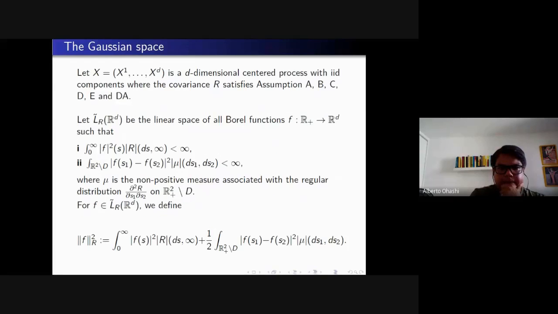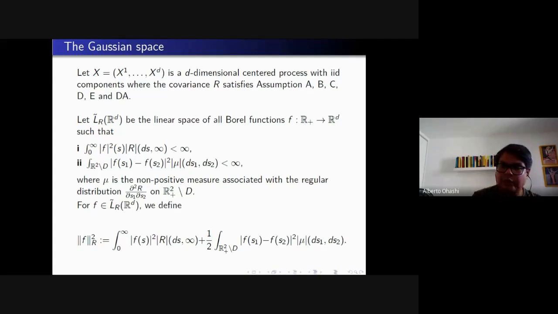Okay, so with this driving noise at hand, the idea is to investigate the underlying Gaussian space for a given Gaussian process X. Of course, there are many alternatives for dealing with Malliavin calculus because the probability measure here is really a Gaussian measure, so you can copy, let's say, Nualart's book and so on.